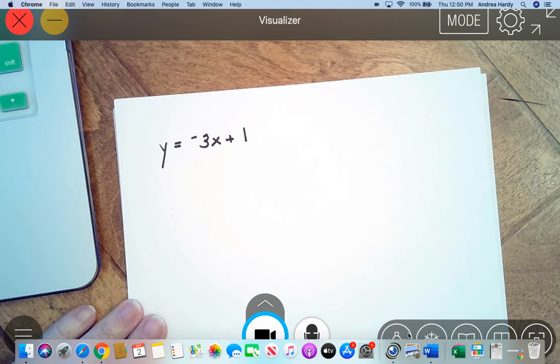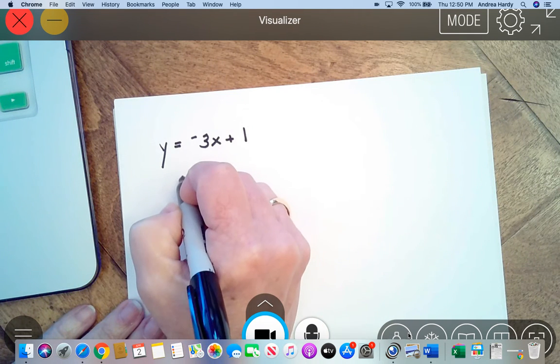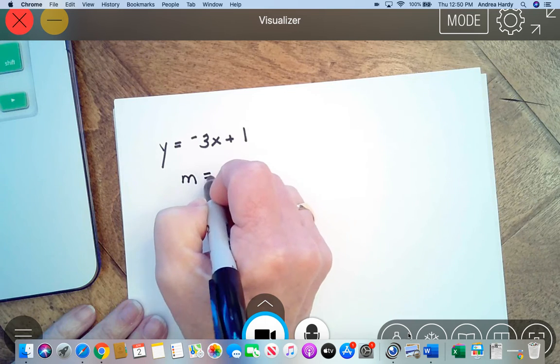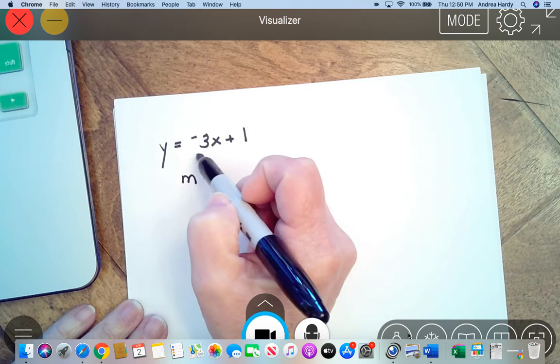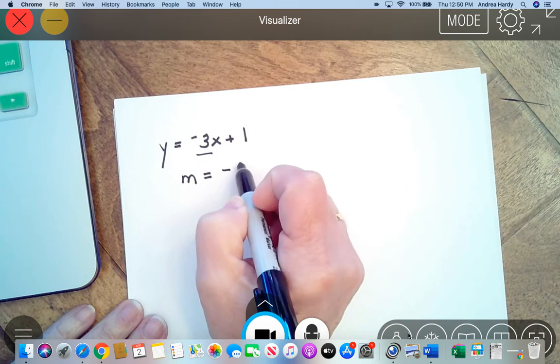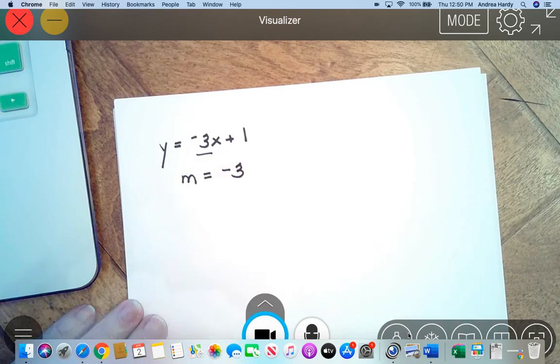You're going to have some work to do today, and what I want you to do is first identify the slope. The slope of this line is whatever this is right here, -3. Remember, we have to keep that sign with it. So my slope is -3.